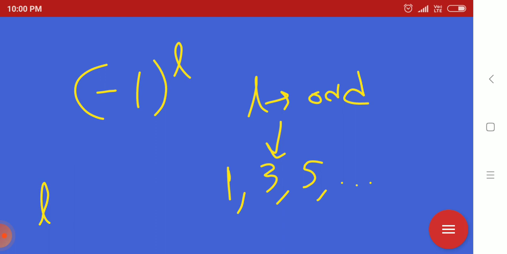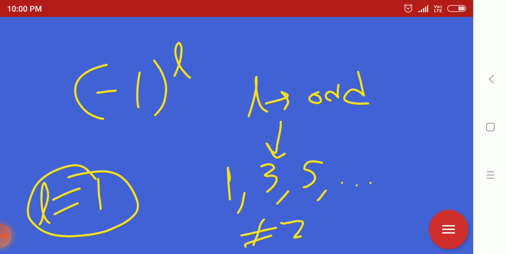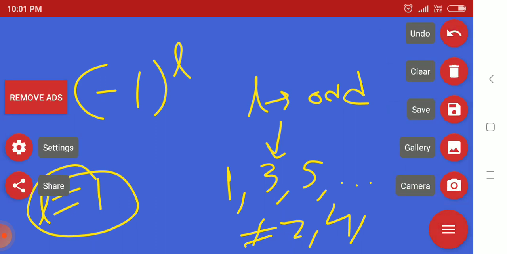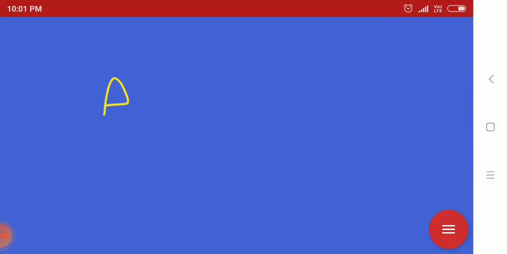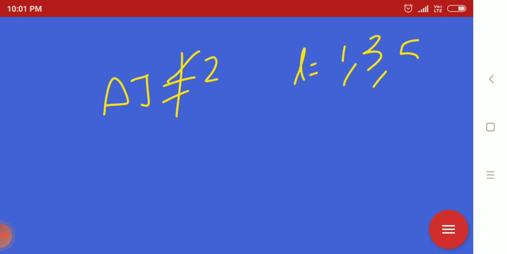So in this case L should be 1. L is not 2, 4, 6 in the case we are discussing; here L is 1, 3, 5. So we can't write delta J less than or equal to L with L equal to 2, because L is 1, 3, 5. This relation will not work here.